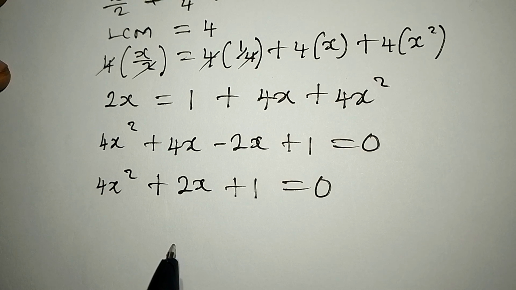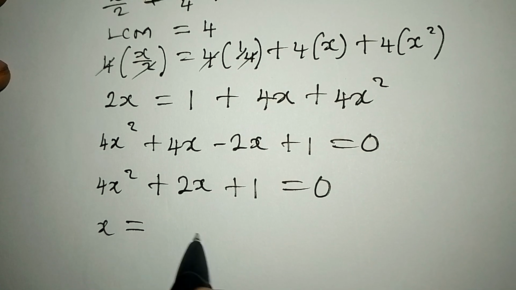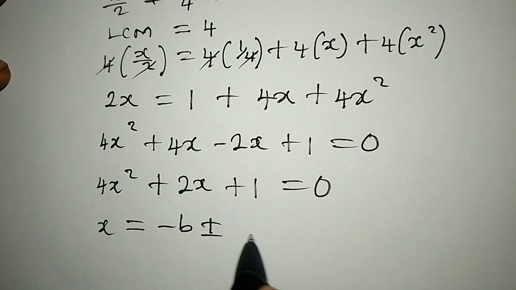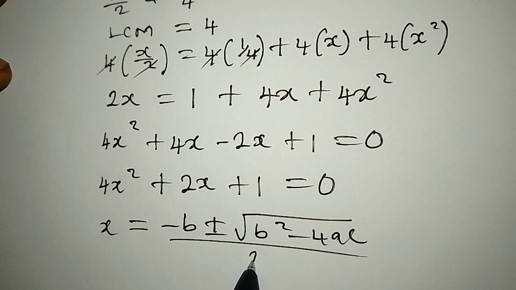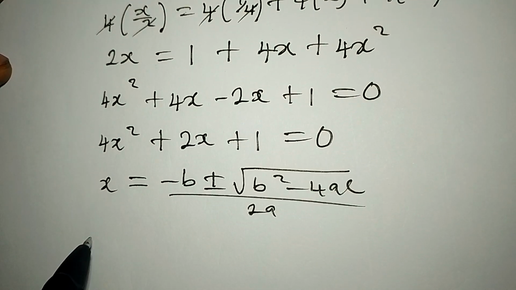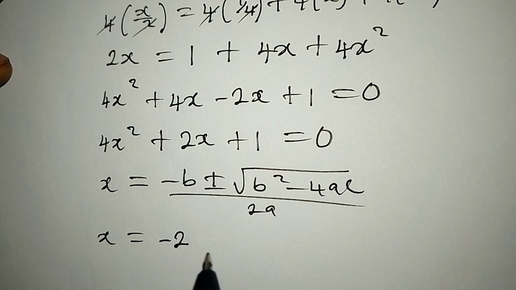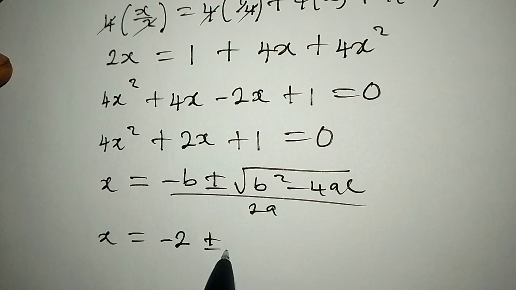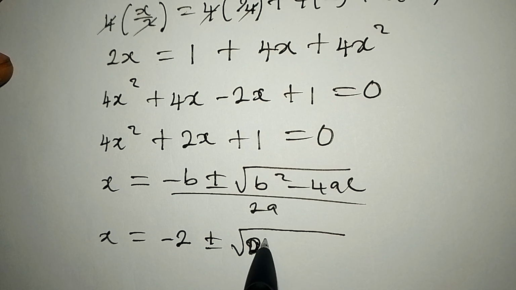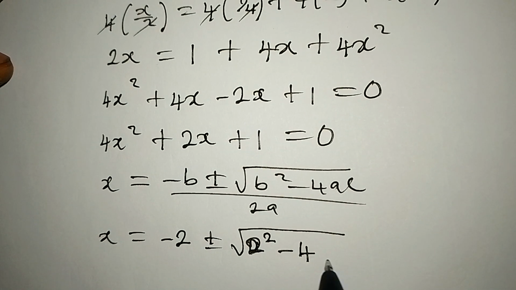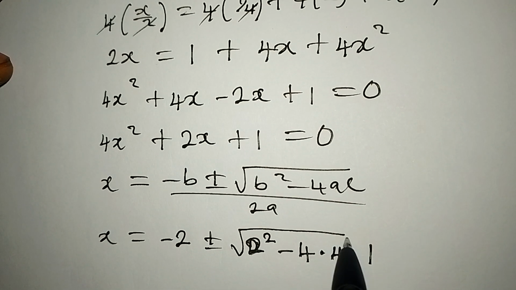Let's use the formula to deal with this. So we have x equal to minus b plus or minus the square root of b squared minus 4ac, all over 2a. Now our x will be equal to, in place of minus b we write minus 2, then plus or minus the square root of b squared, which becomes 2 squared, minus 4 times a, which is 4, times c, which is 1.